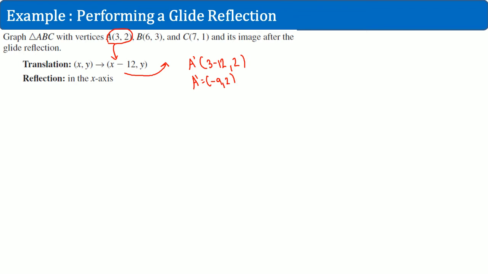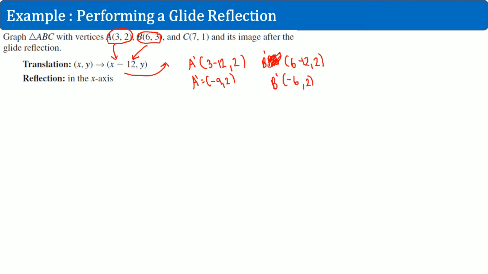Let's do B now. We plug B in here to see what we get. B prime, 6 minus 12. Nothing happens to the y, which is just 2. Oh, this should be B prime. Okay, B prime, 6 minus 12 is negative 6.